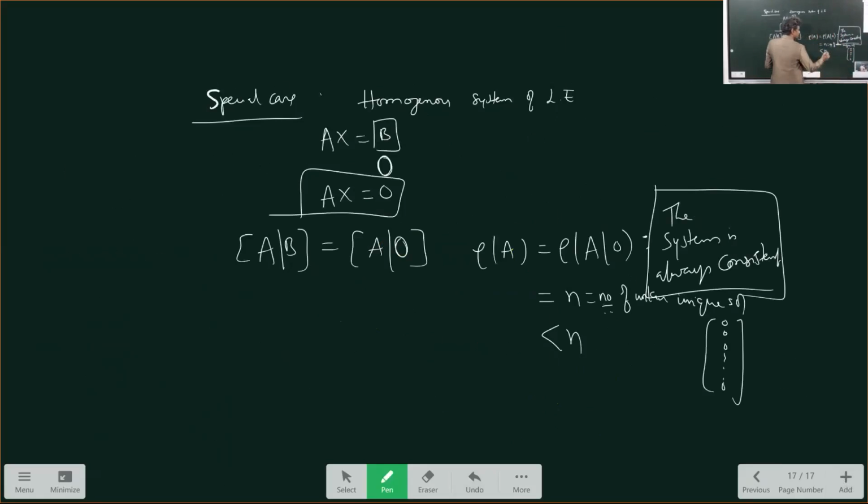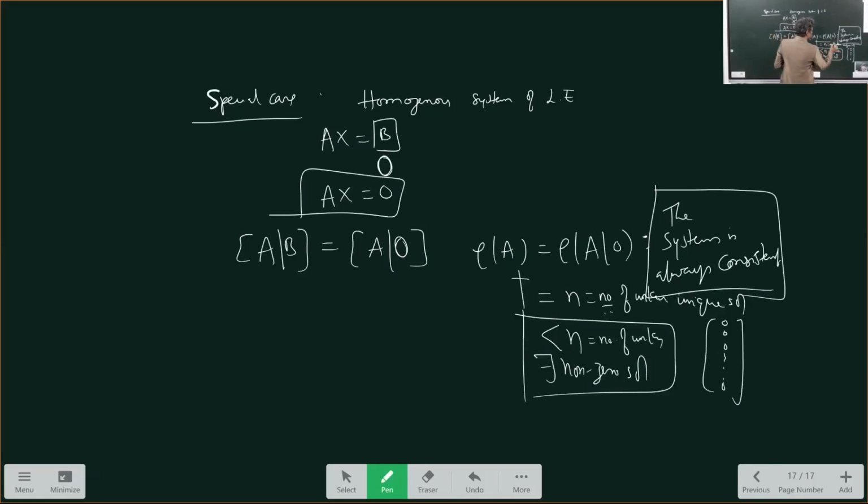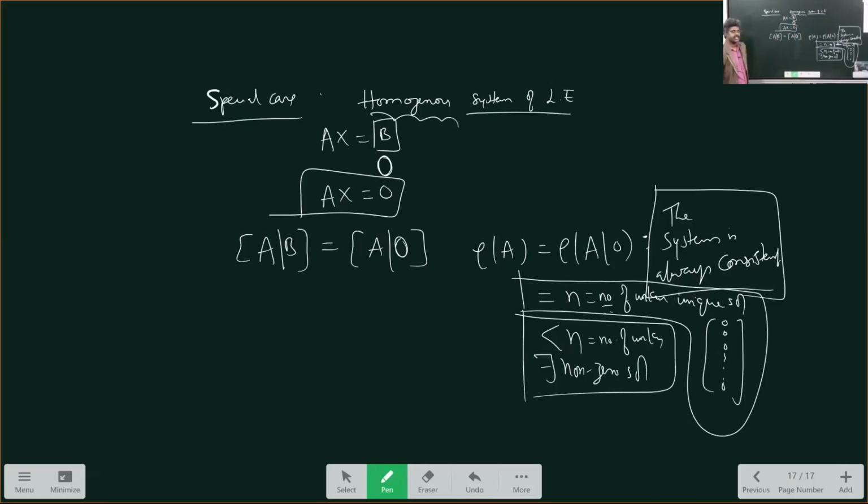If it is less than n, then there exists a non-zero solution. So a non-zero solution exists when the rank is less than n. So this is a special case of the homogeneous system. For a system of linear equations, the homogeneous is a special case because the right hand side is taken to be 0 all the time.